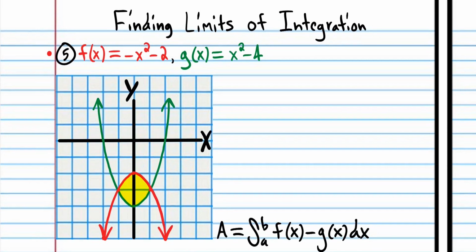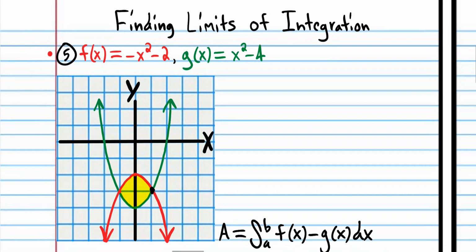Well, when two graphs intersect, the coordinates of the points of intersection are common to both equations, meaning the x values at those black points are the same for the red graph and the green graph. At this point, the x and y values of the functions are the same for the green and the red graph.